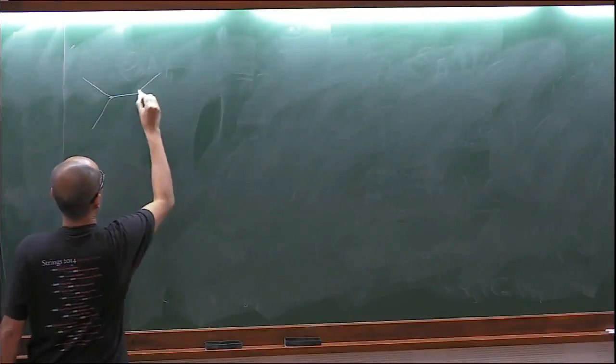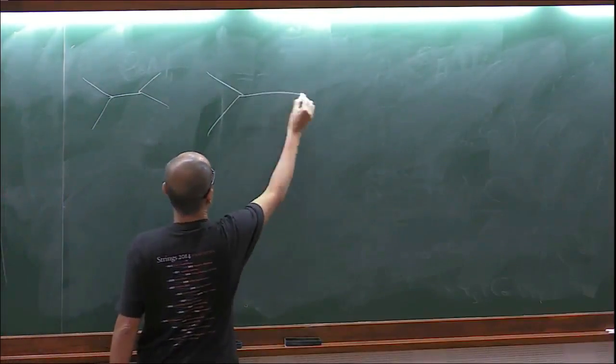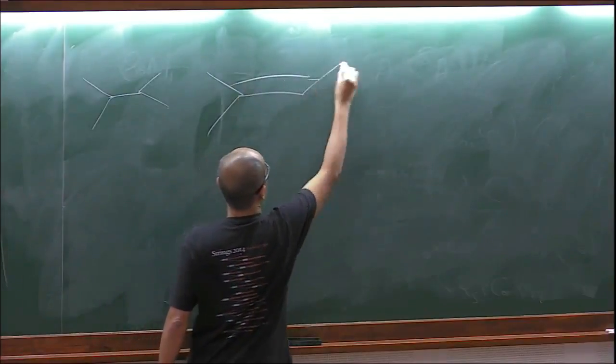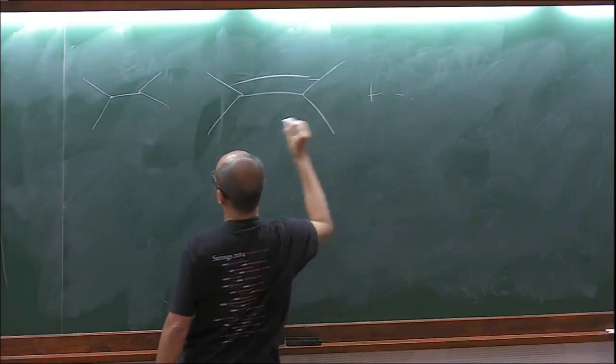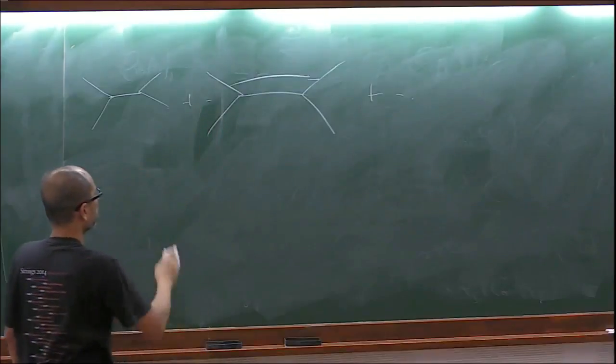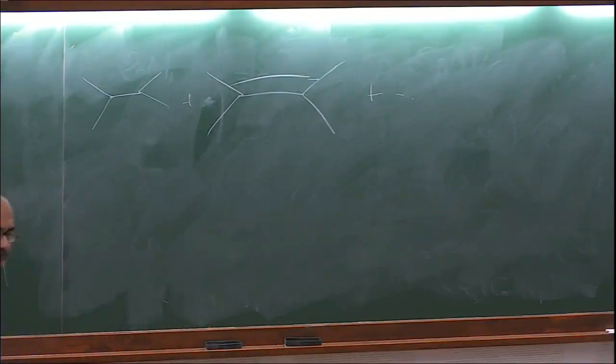So suppose you have a field theory based on this and you have Feynman diagrams, you have this and many other Feynman diagrams. Now, suppose you want to go to the infrared and integrate out all the high energy modes.